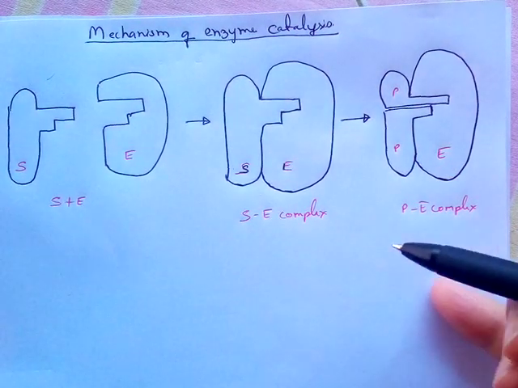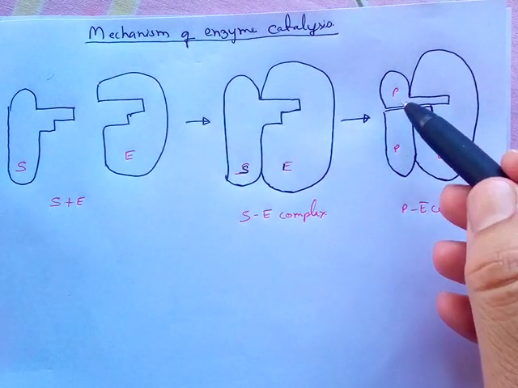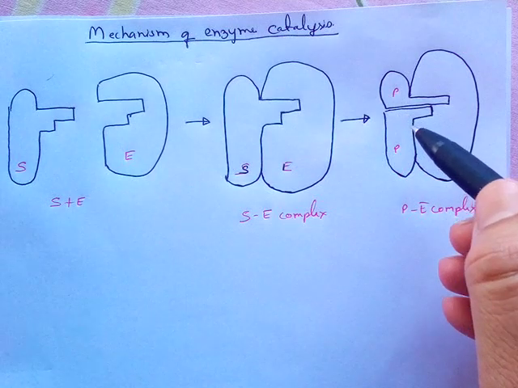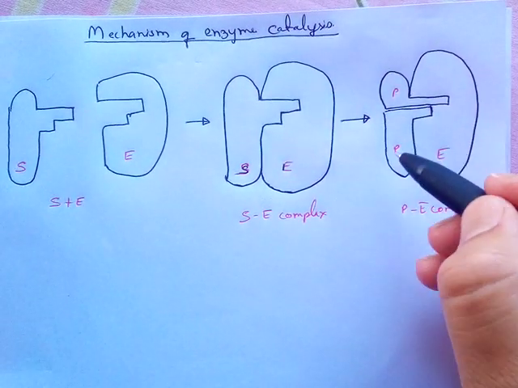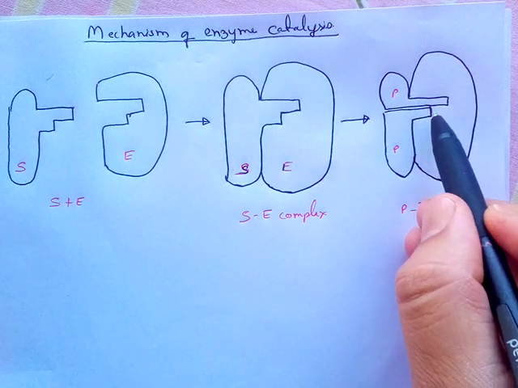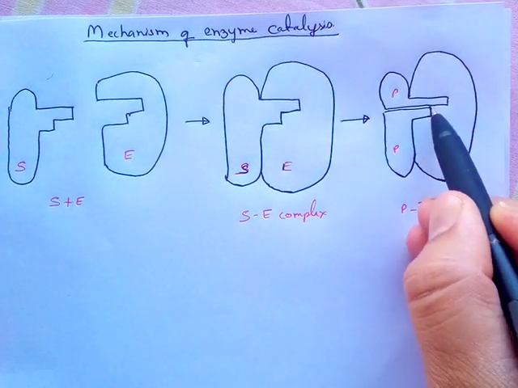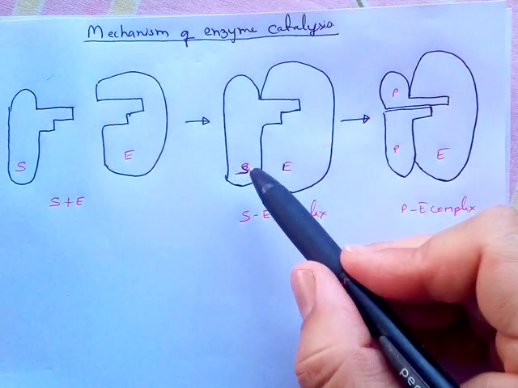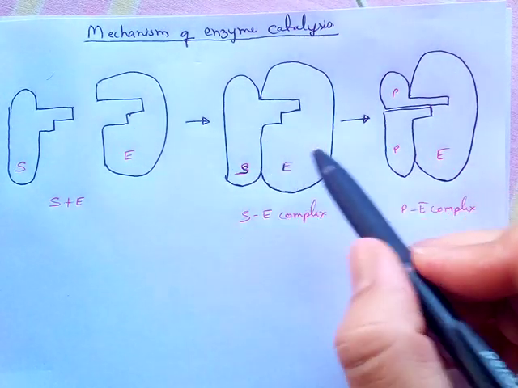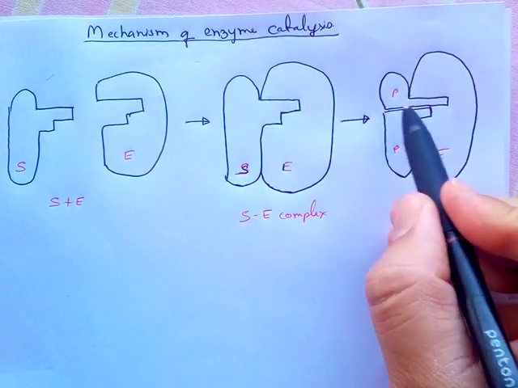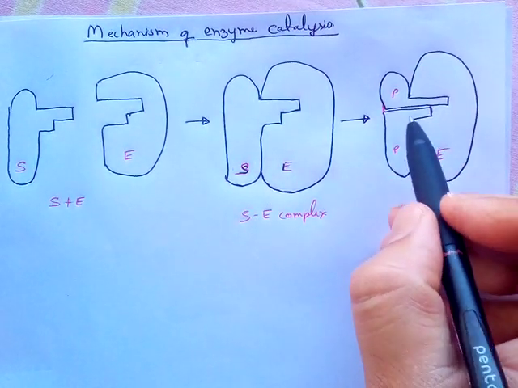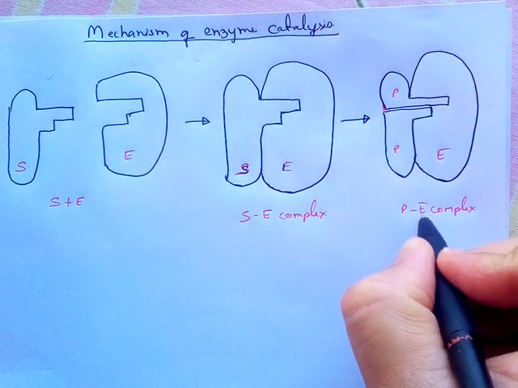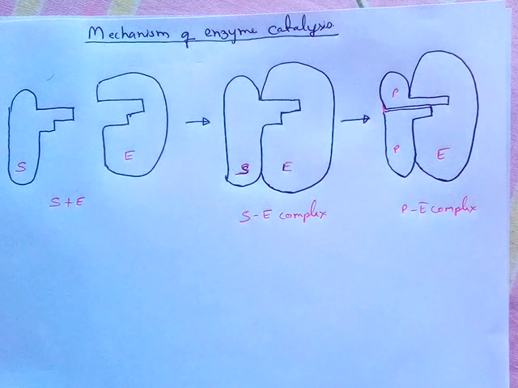Now the reaction or the decomposition or whatever, the substrate has been converted into the product. Now see, the product has a different shape than that of the substrate. So now the substrate has broken into two products. Here I've just done it. Okay, now this is called the product enzyme complex.